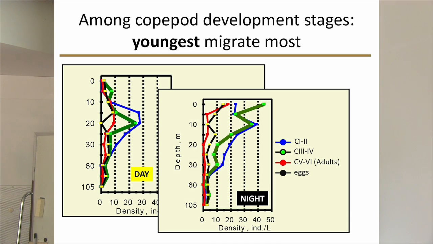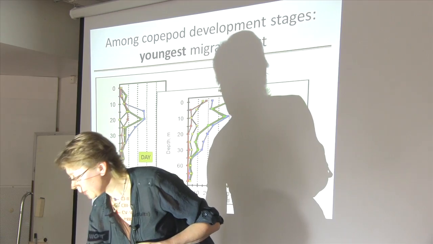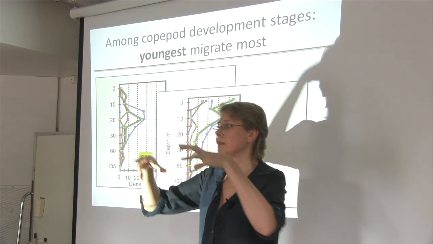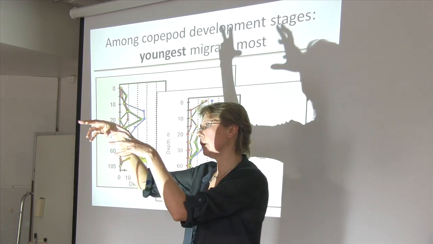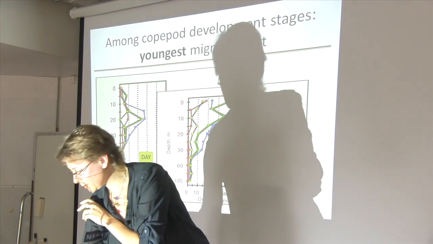So the stages that are youngest, blue and green, differ the most between the night and day distribution. So, species-specific, age-specific, group-specific differences in vertical distribution.